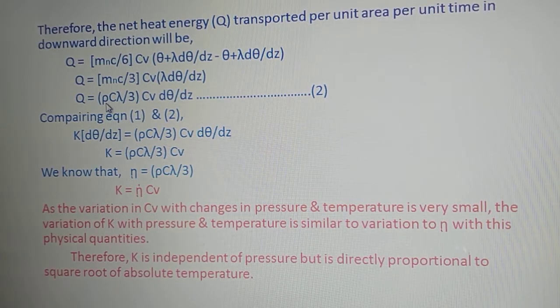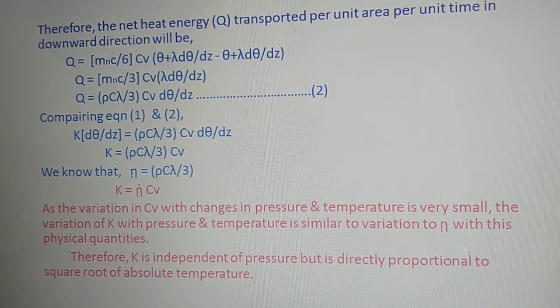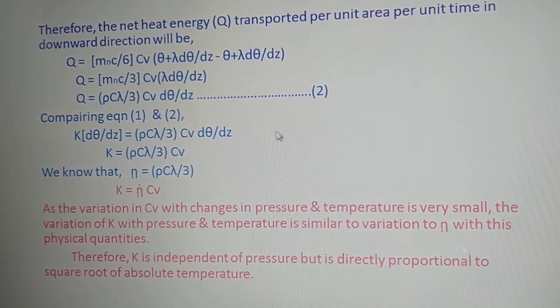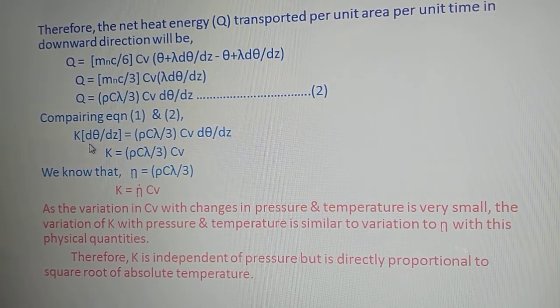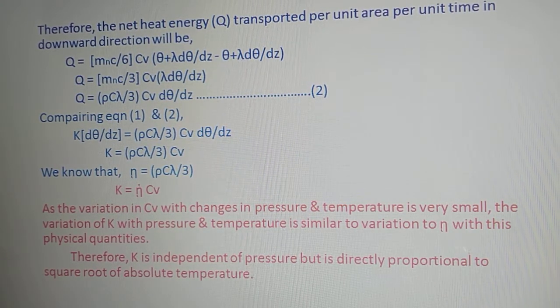So Q equals 1/3 of m n c into lambda, which I can write as 1/3 of rho c lambda, into Cv into d theta by dz.